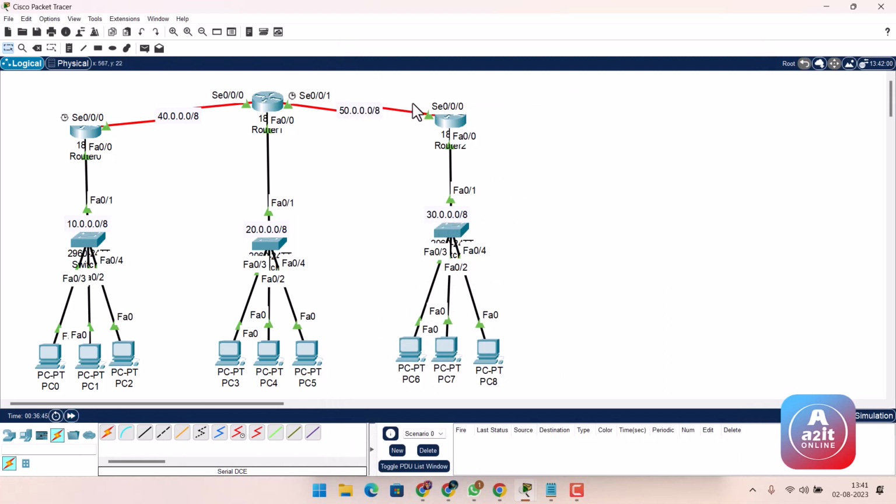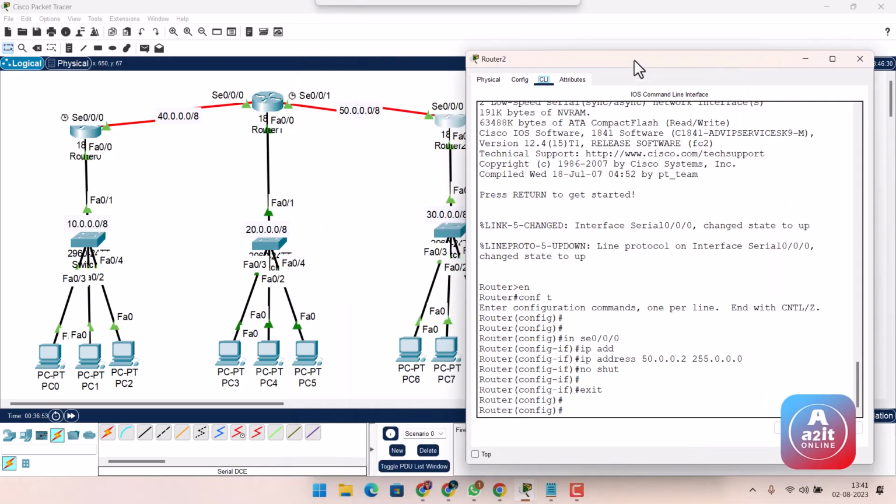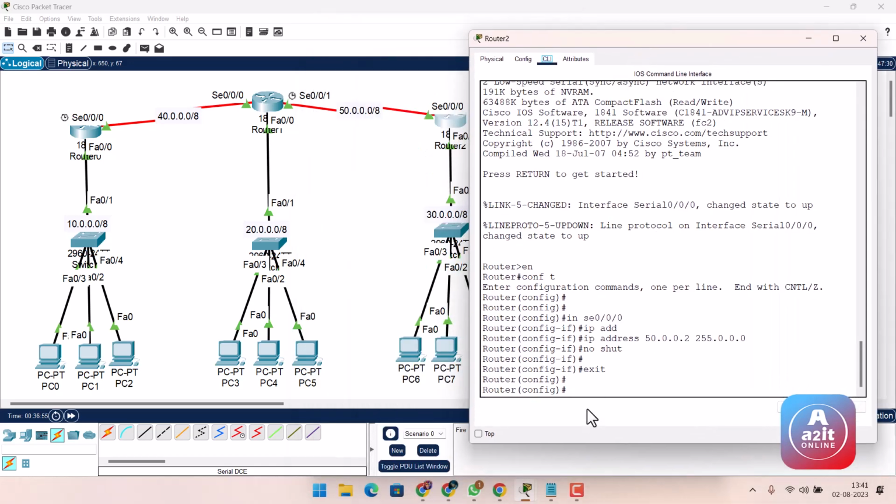For our third router, 50 and 30 are the direct networks. So we need to mention networks 10, 20 and 40. So let's do that. The keyword is ip route and the indirect network is 10, its subnet mask is 255.0.0.0 and the interface is serial 0/0/0.